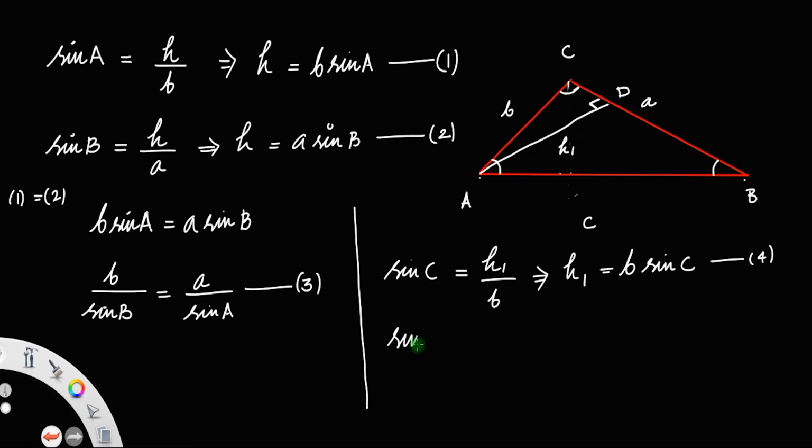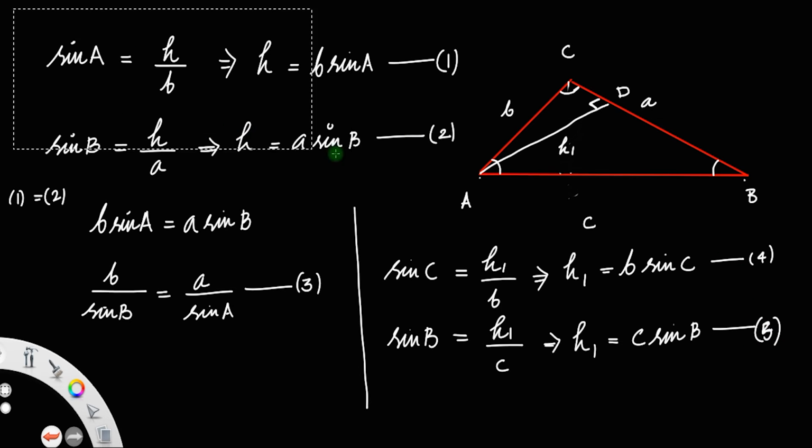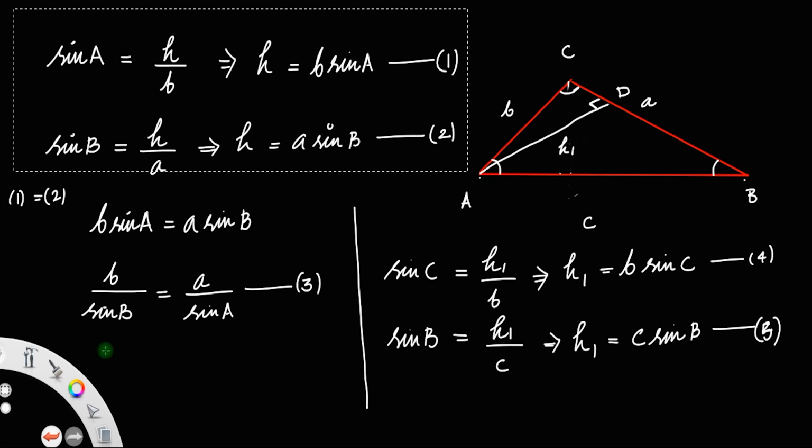Similarly, sine B will be, see, this is also a right angle triangle. So sine B is equal to the opposite side H1 divided by the hypotenuse for the triangle ADB, which is c, implies H1 is equal to c sine B. Call that equation number 5. From 4 and 5, both equal H1.